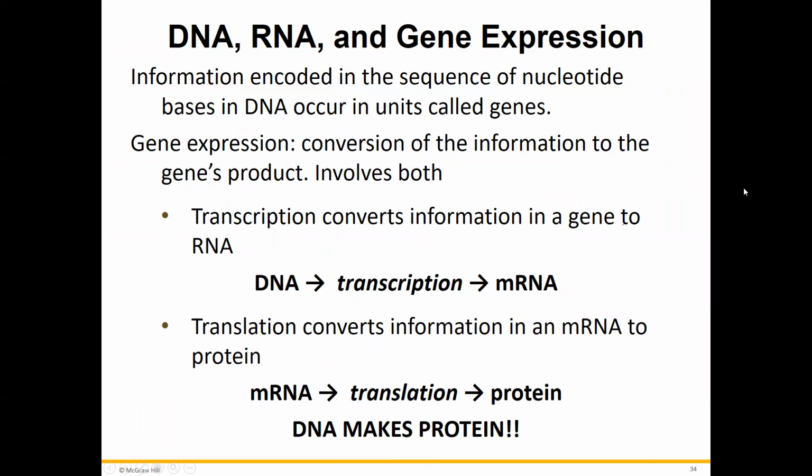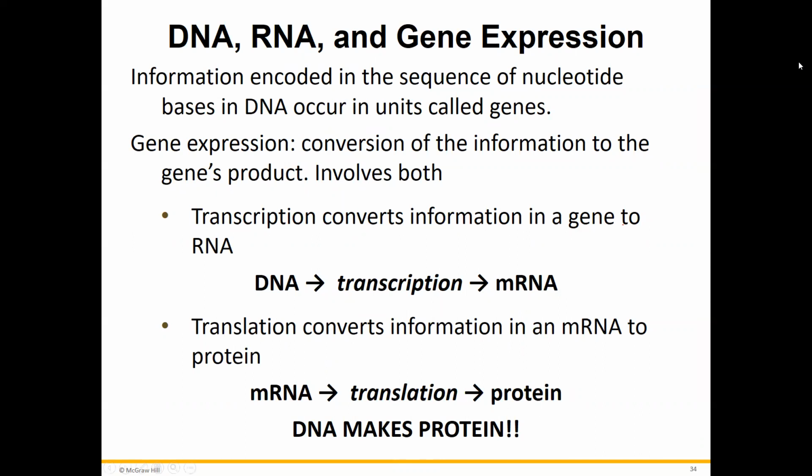So the DNA, RNA, and gene expression that we're going to be looking at now for this next little section is all about the information that's encoded in the sequence of nucleotide bases in DNA. And they occur in units called genes. So a gene is the sequence of DNA that has to be interpreted by the organism to make a protein.